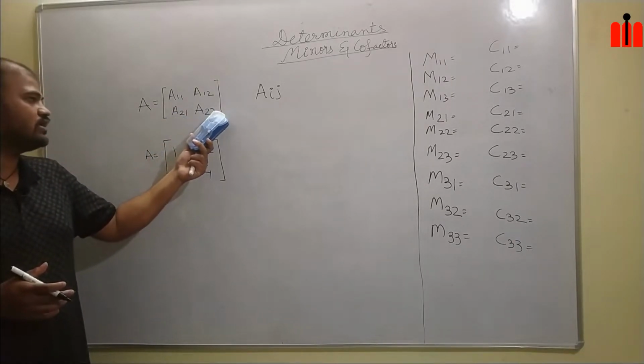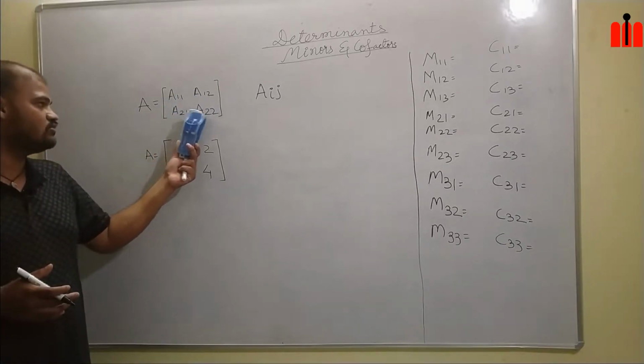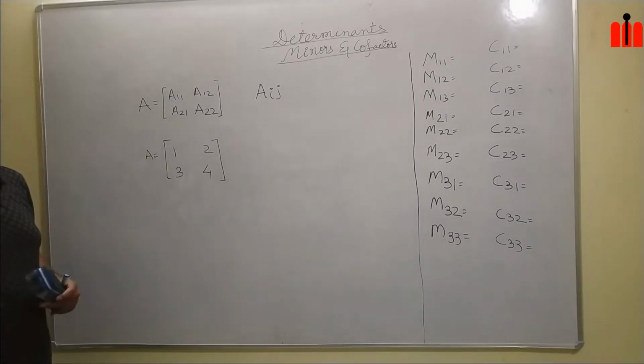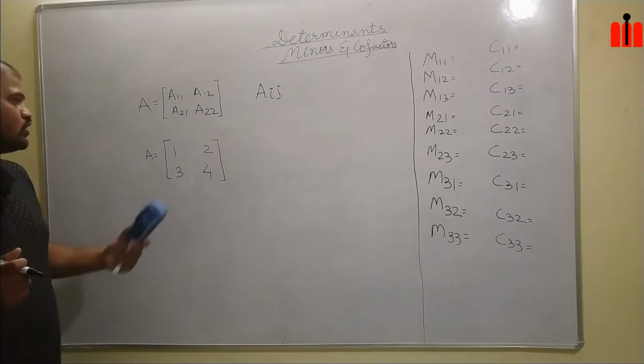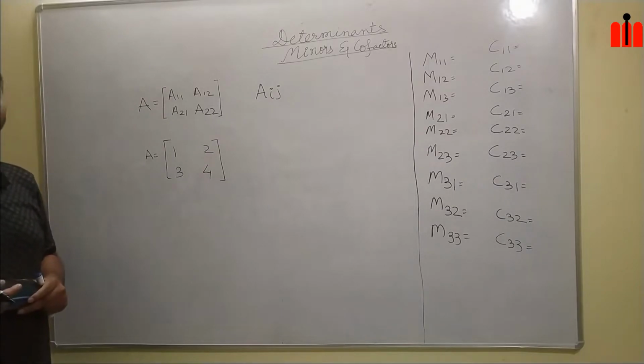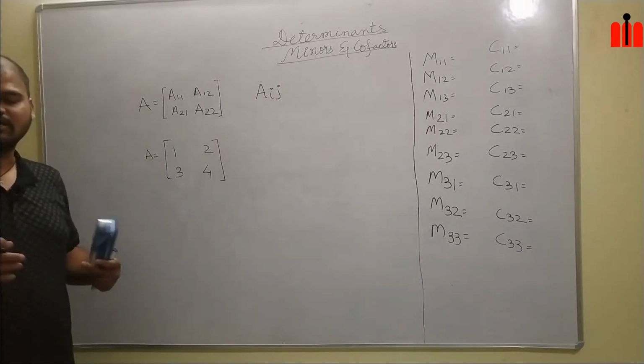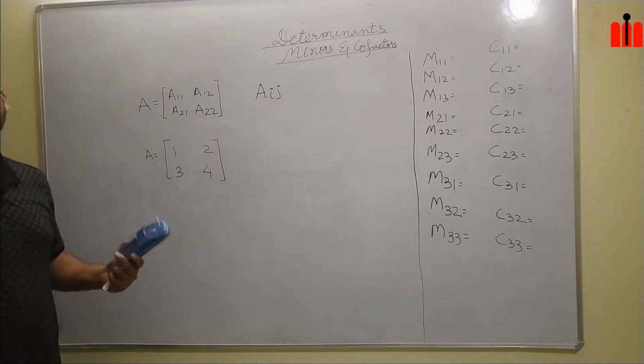It is 2 by 2, so there are 4 elements: A11, A12, A21 and A22. There is a possibility that there are 4 minors also for this matrix. So the number of minors in this matrix is equal to the number of elements.